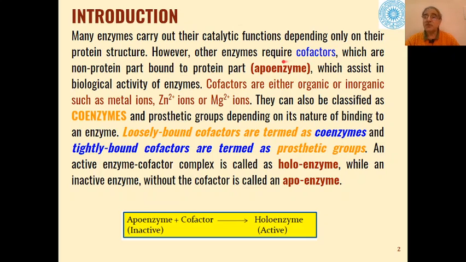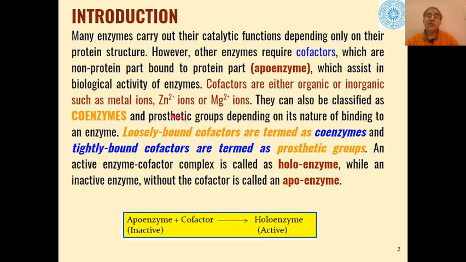So the presence of a cofactor is a must for some enzymes to act. These cofactors can either be organic compounds or inorganic metal salts like zinc 2 plus, magnesium 2 plus or manganese 2 plus ions. All these metal ions can also act as cofactors.